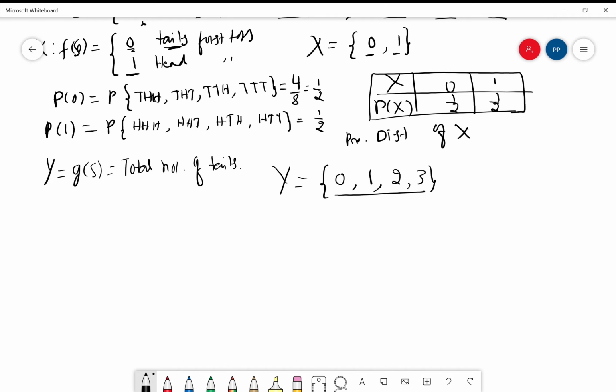These are the 4 values taken by the variable y.